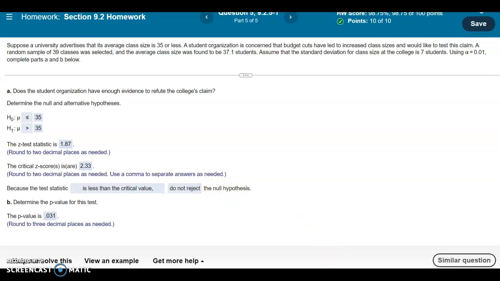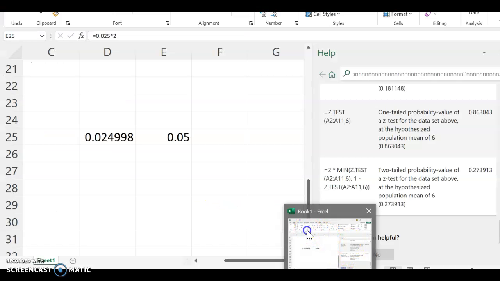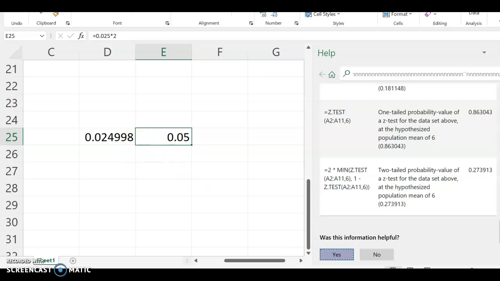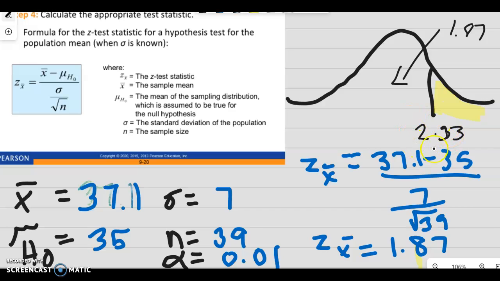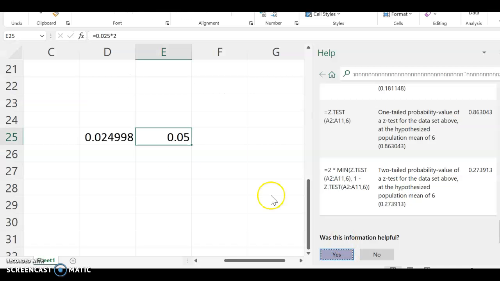Now for the p-value, since we have a positive test statistic, we're going to have to say 1 minus, because what it's going to give us is the area to the right of this. And we know both of these add up to 1. So whatever we look up in the table, we're going to do 1 minus that. We're going to use Excel.